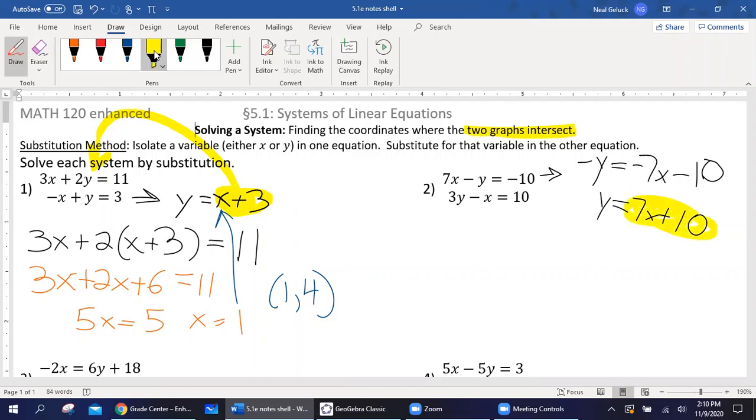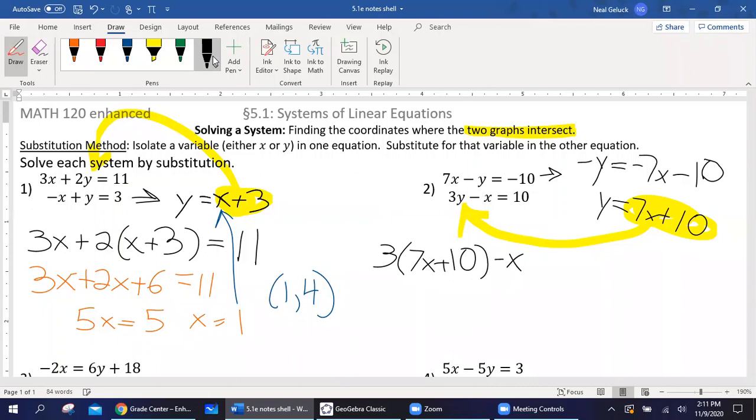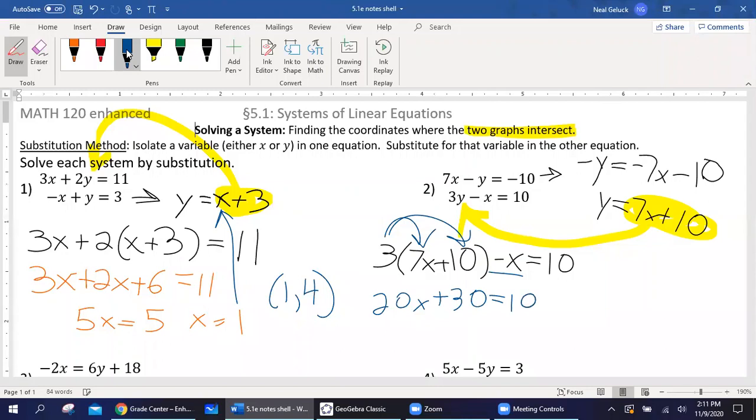So now I'm going to take that and plug it in for y in the second equation. So this will give me 3 times 7x plus 10. Make sure you distribute that through. Minus x equals 10. So I'd have 21x, but then minus an x. So that's going to be 20x plus 30 equals 10.